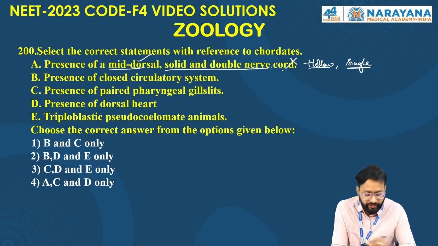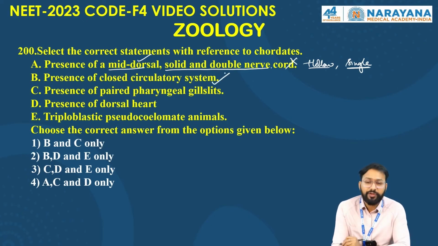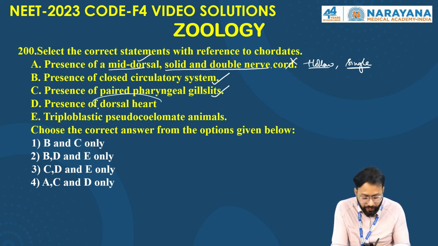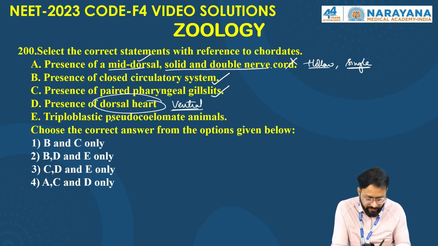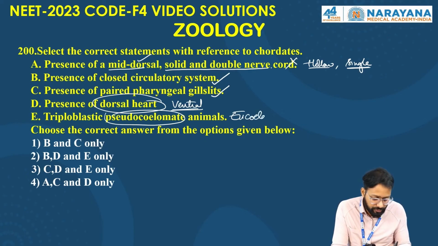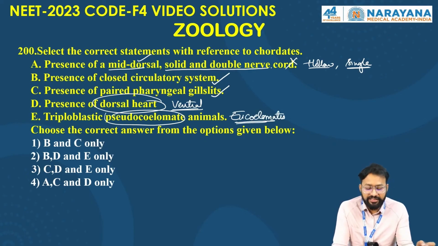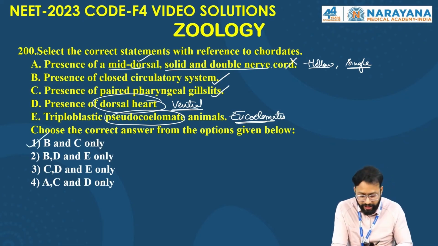Presence of closed circulatory system is true. Presence of paired pharyngeal gill slits is also true. Presence of dorsal heart? No, ventral. Triploblastic pseudocoelomates? Not pseudocoelomates, they are eucoelomates. So the correct statements would be B and C only.